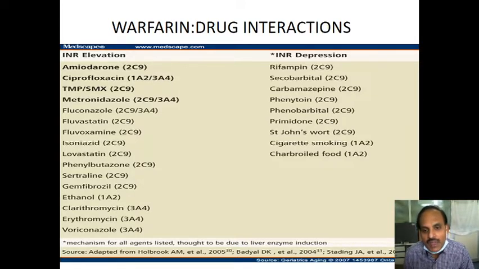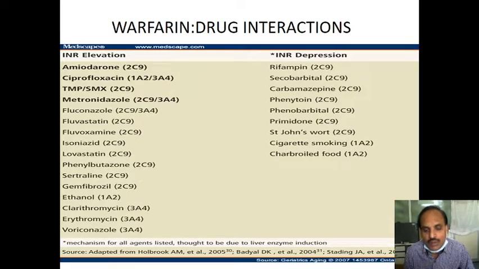endogenous stores of vitamin K in the individual. Most vitamin K in our body is only very delicately balanced. We don't have the luxury of having a lot of vitamin K. So what happens is, in an individual who is taking warfarin and who is taking rifampicin or phenytoin or phenobarbital, I agree that vitamin K will be rapidly metabolized and warfarin will also be rapidly metabolized, but the rate of vitamin K depletion will be much faster than the rate of warfarin depletion.